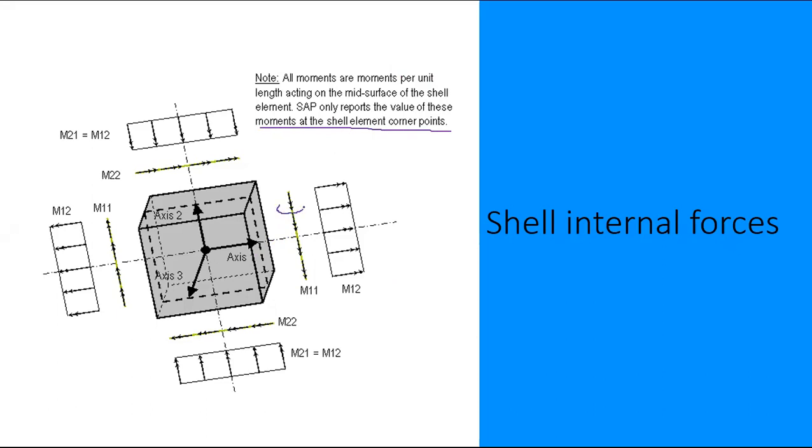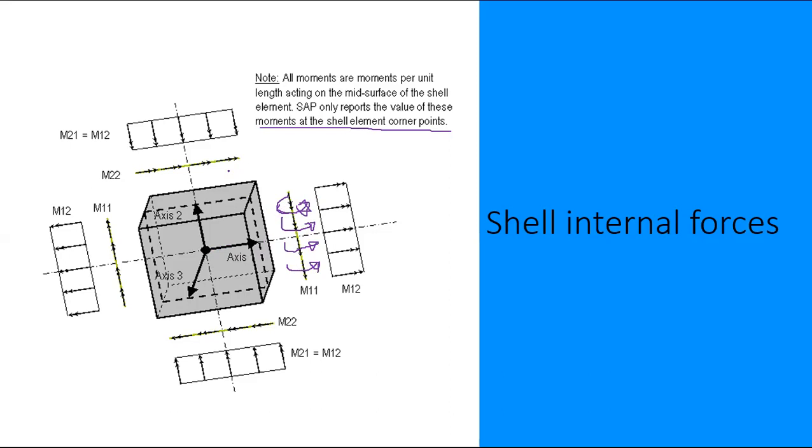The direction is given by this double arrow, which means you need to use your right hand fingers, like Maxwell's law. This is the direction it rotates. So M11 is this bending moment.